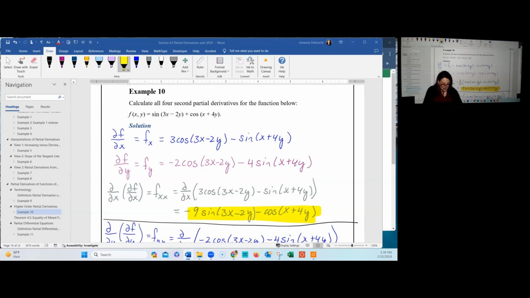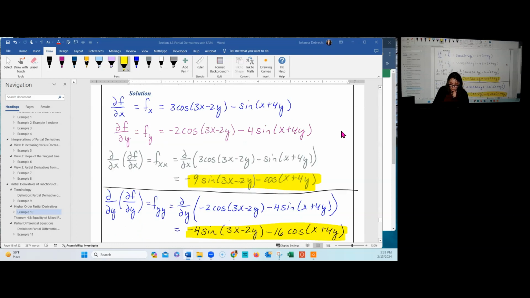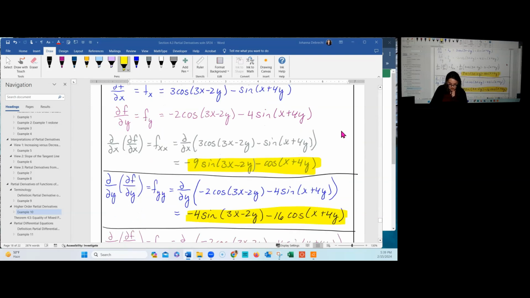We apply the same process to find the second partial derivative with respect to y both times. In this case, we need the first partial with respect to y, and then we take the partial with respect to y of it again. And this will give us -4 sine of the argument 3x minus 2y minus 16 cosine of the argument x plus 4y.